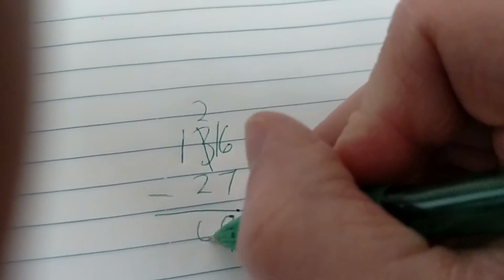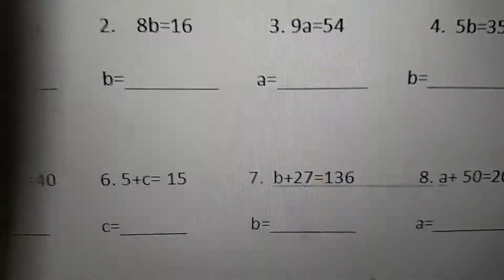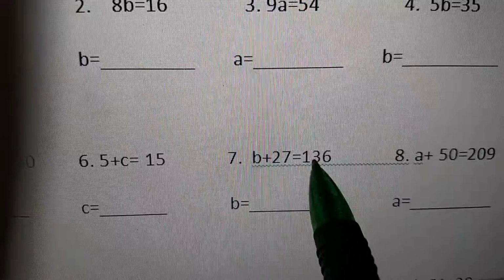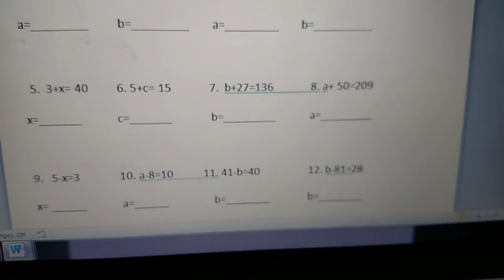This gives us 0. Oh, I was wrong. 136 minus 27 gives us 109. Now if I did 109 plus 27, I should get 136. 109 plus 27 gives me 136. So it does work out. That means that B equals 109.